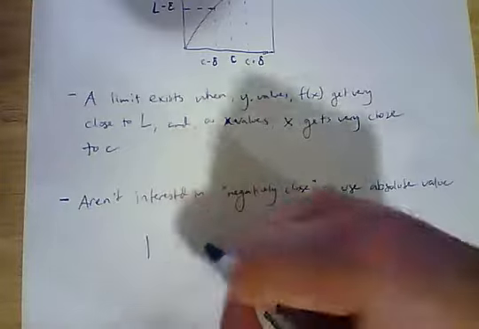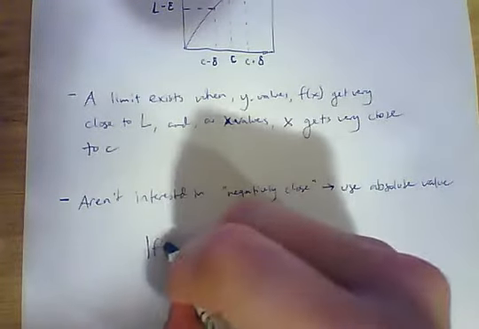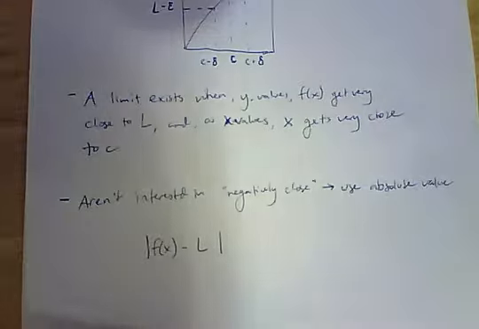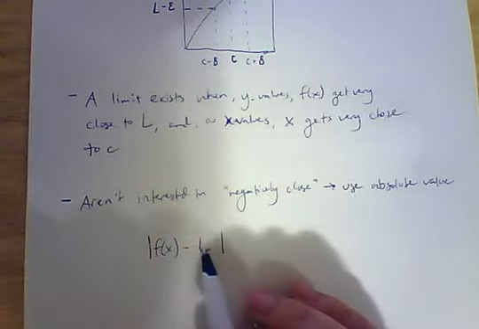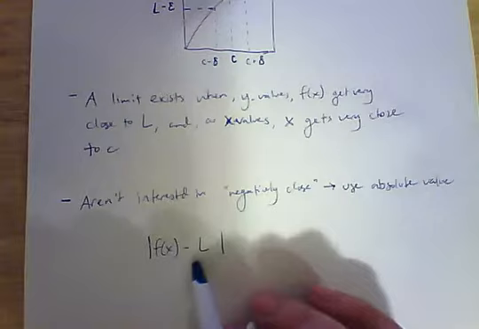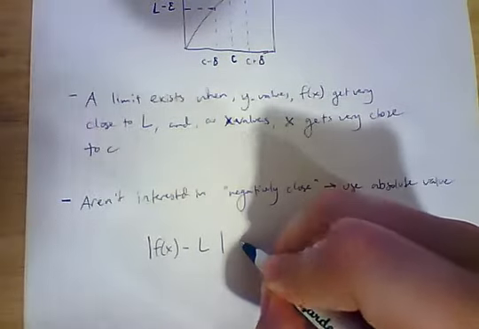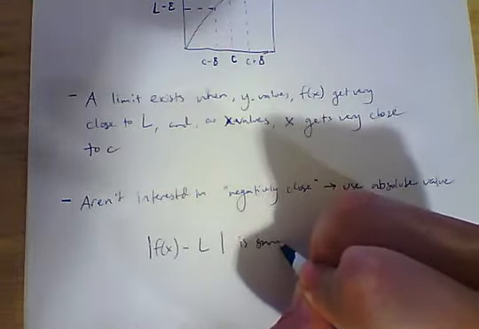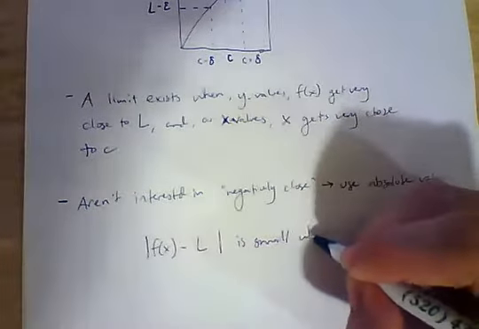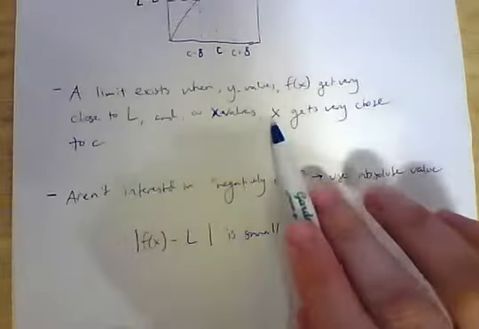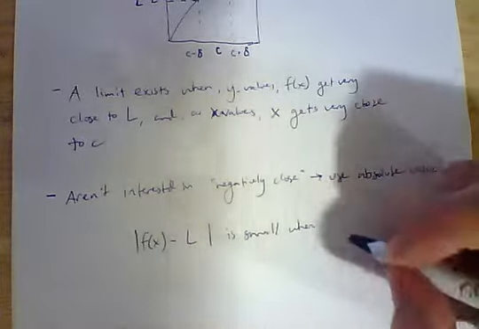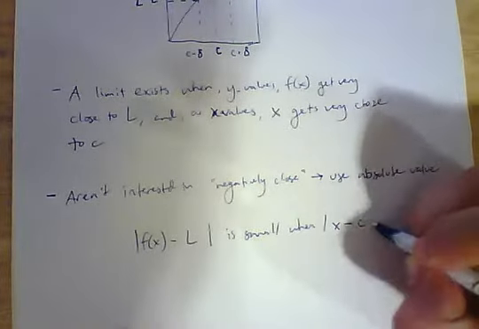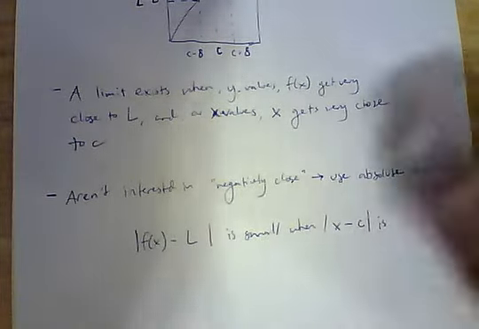So we're going to start with our absolute value, our f of x minus L. We know that as f of x gets very close to L, as this value gets really, really small, as our graph minus our limit gets really, really small, we can just say it is small when, similarly, x minus our c, but again, not negative, so we use absolute value, when the absolute value of x minus our c is also very small.